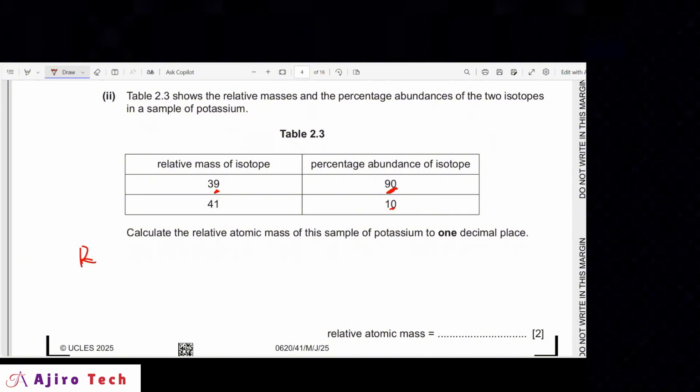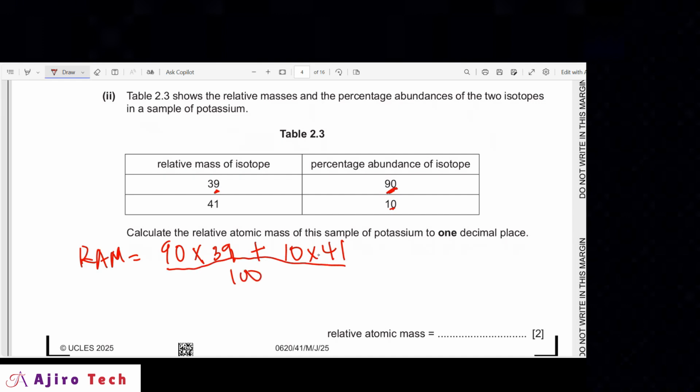RAM is equal to the percentage abundance, so we have 90 times the mass, 89, plus the percentage of the second isotope, which is 10 times 41. Everything should be divided by 100.